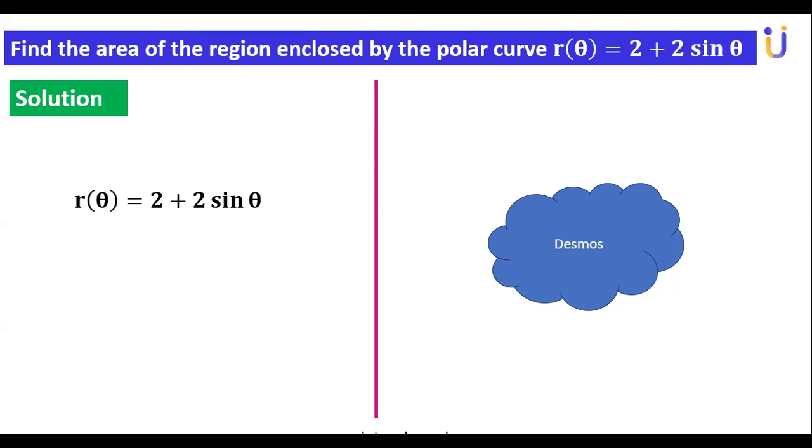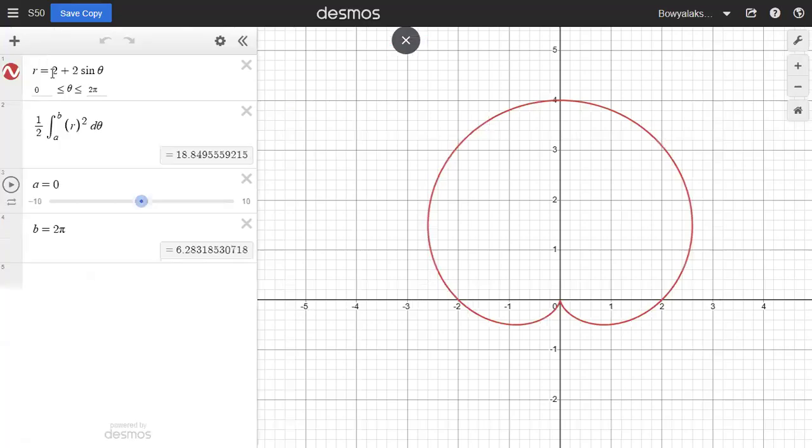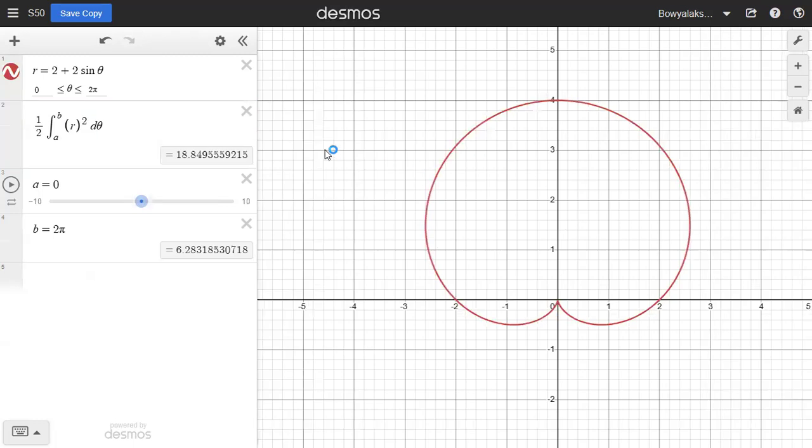Here we go. So first give r is equal to, don't give r of theta, just give r. And you know the integration formula, just give that. And a to b, you can just give the bounds. So 2 plus 2 sine theta is a kind of a cardioid, we will say this particular shape.